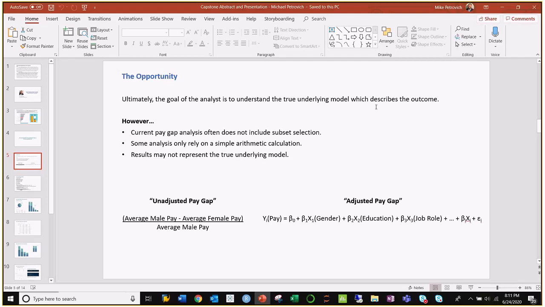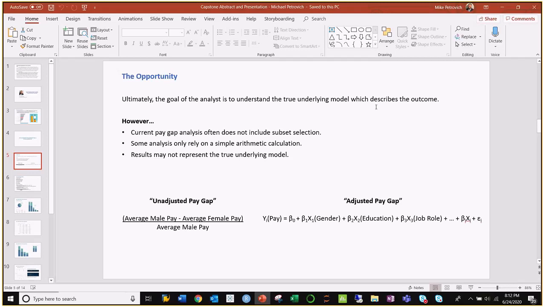The flaw in this, or the gap, is that many analysts just stop at plugging in all of the variables and not performing any subset selection. So at the end of the day, what you end up with is all of the variables that you wanted to model, not necessarily what the model actually should be with regards to the outcome of pay.